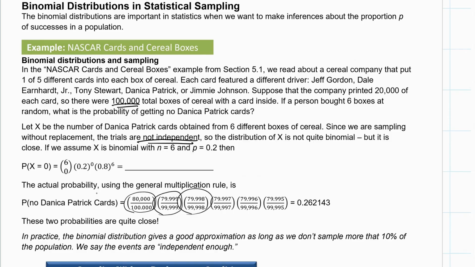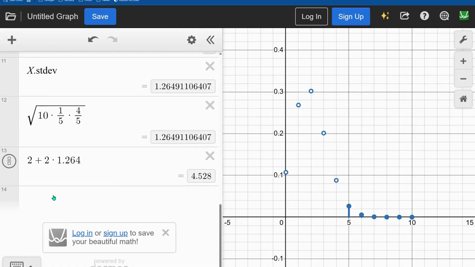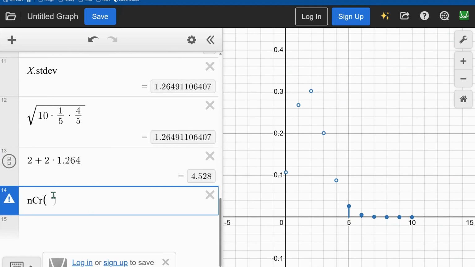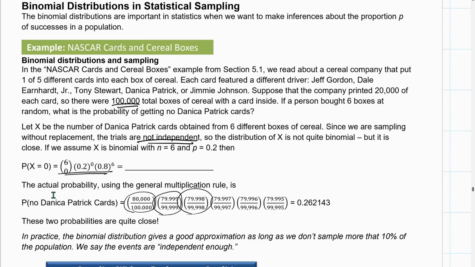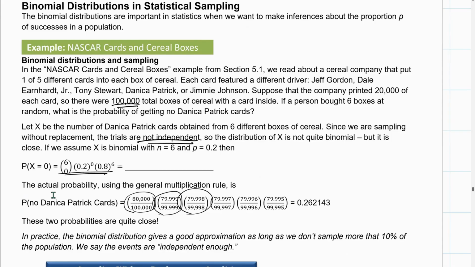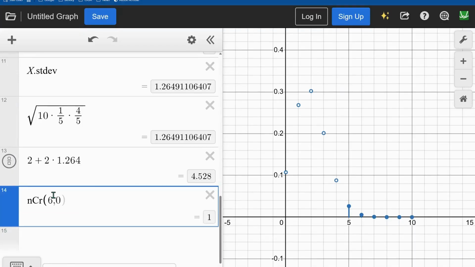But let's say, just for the sake of argument, that you forgot about the independence condition and you simply calculated the probability of that occurrence. The probability that it was nCr, how many trials? 6 trials each, and I'm thinking that I won't get any Danica Patrick cards, so 0 successes.